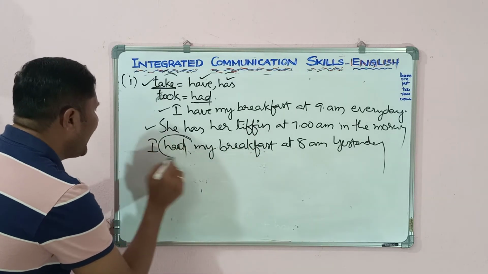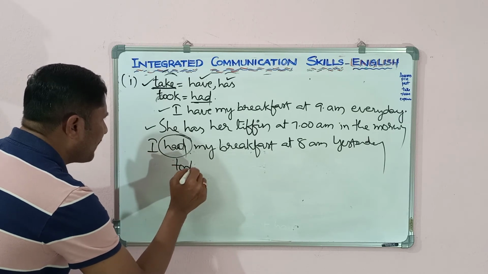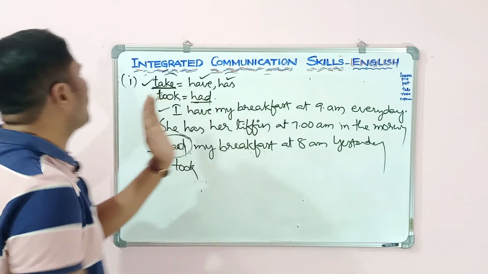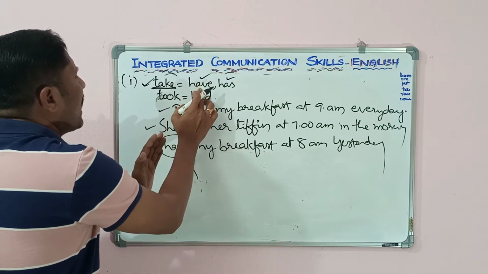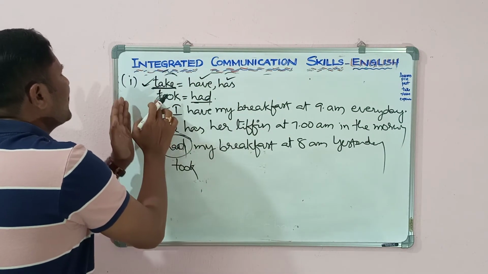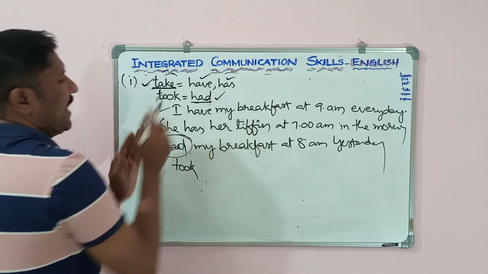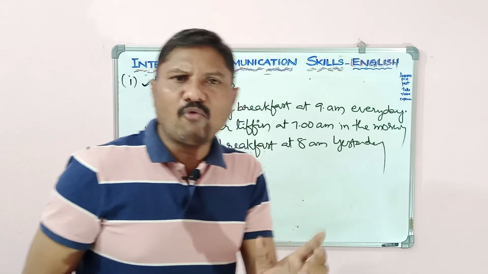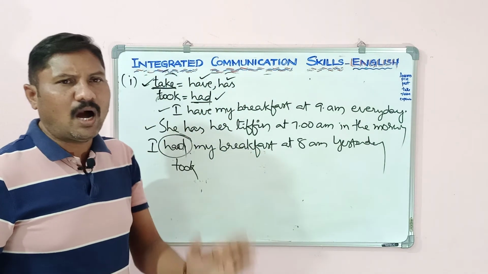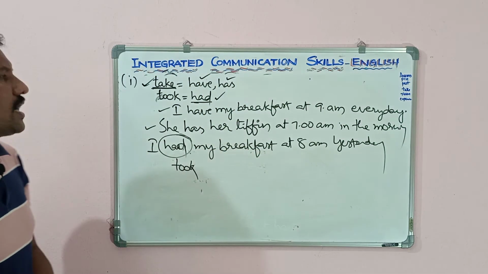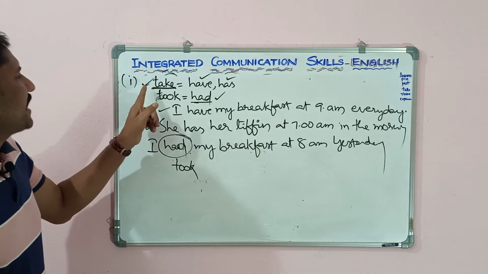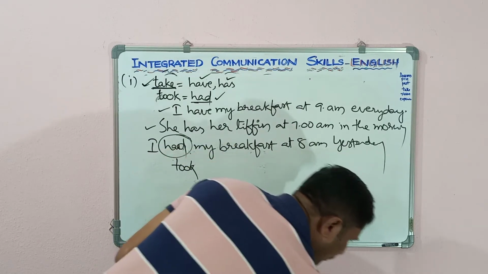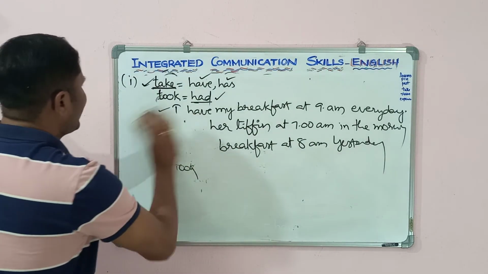That means I took my breakfast at 8 a.m. yesterday. So in the meaning of take, we use have, has. In the meaning of took, we use had. So this is the first usage of have forms: has, have and had are used in the meaning of take.